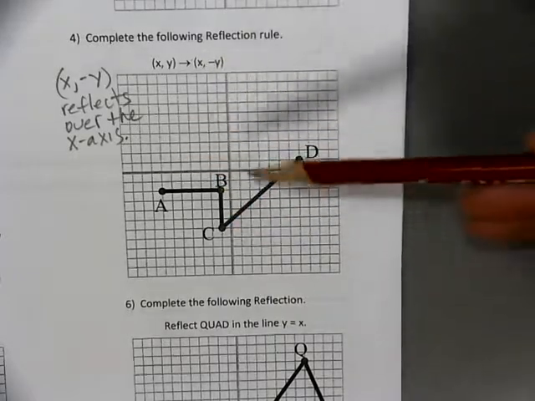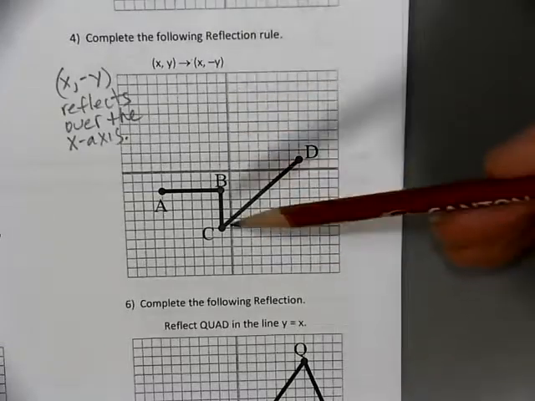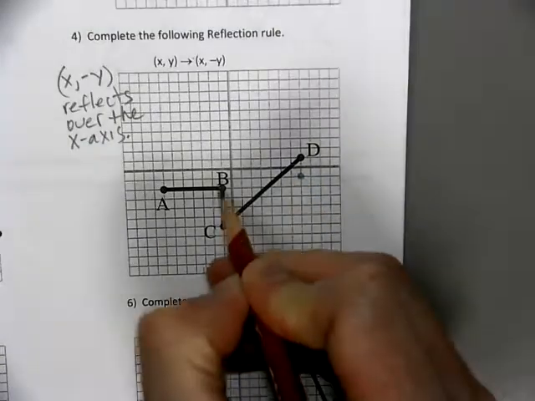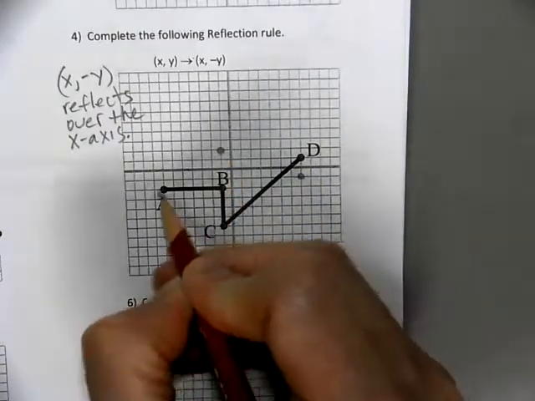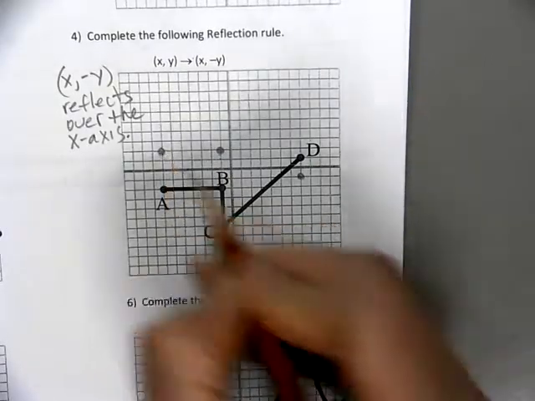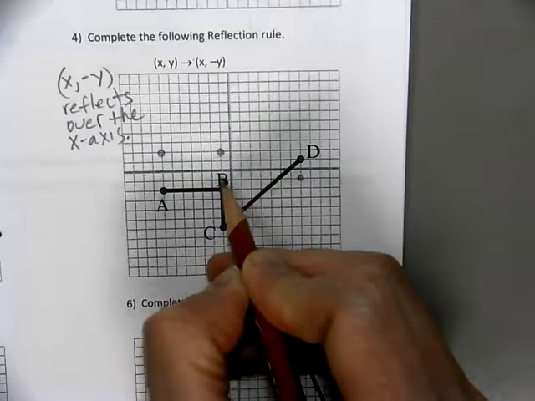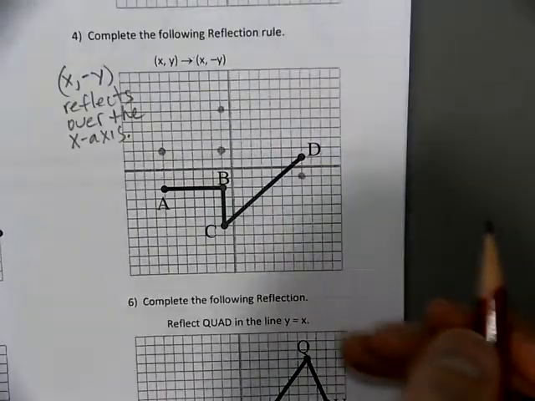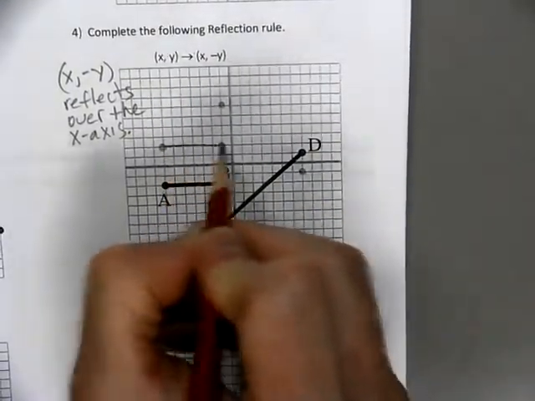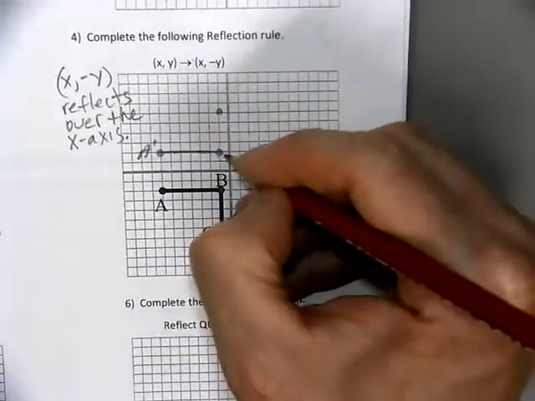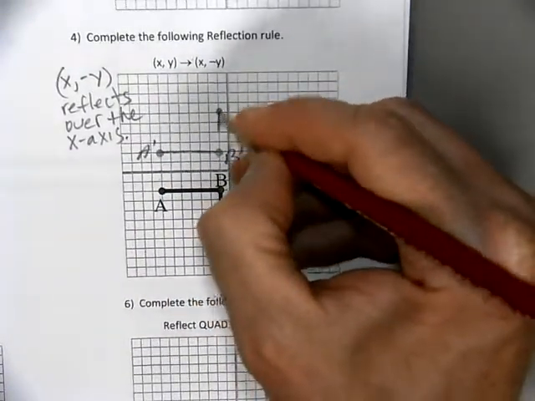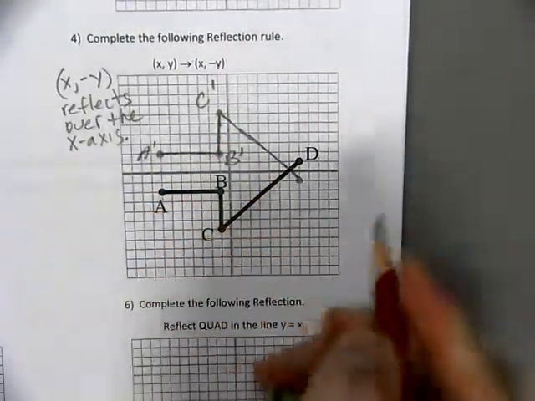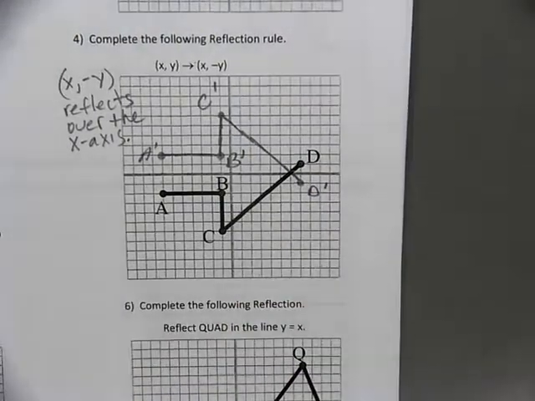The x amount stays the same, but the y changes its sign, so it's reflecting over the x-axis. So we have A prime, B prime, C prime, and D prime.